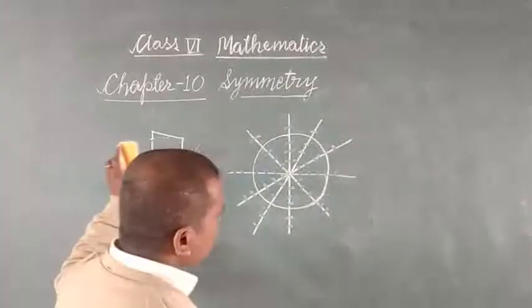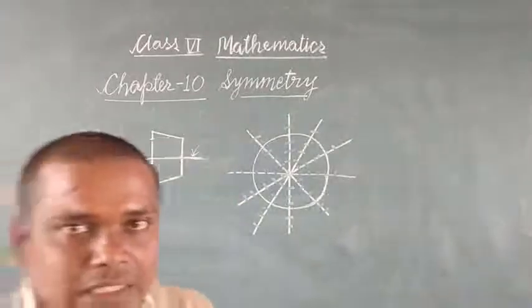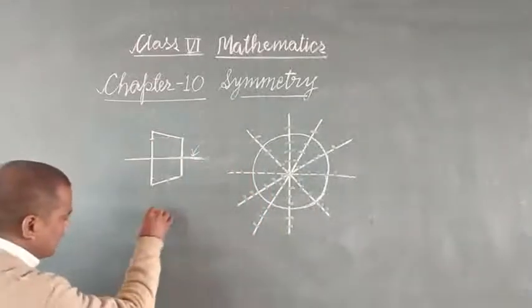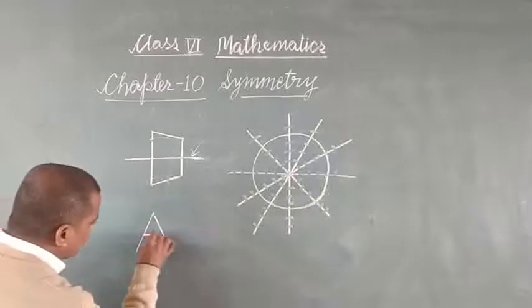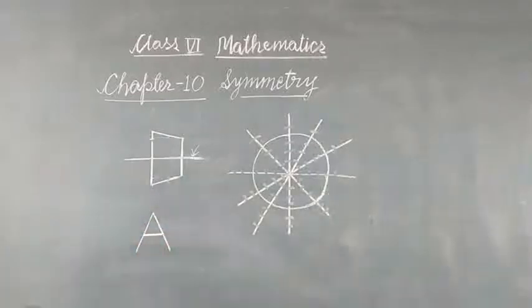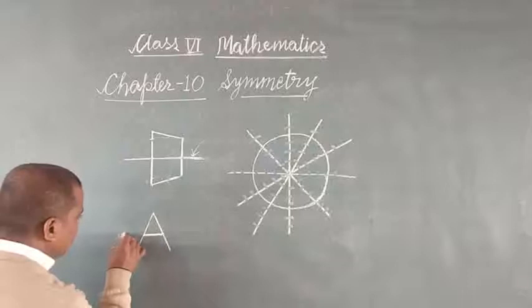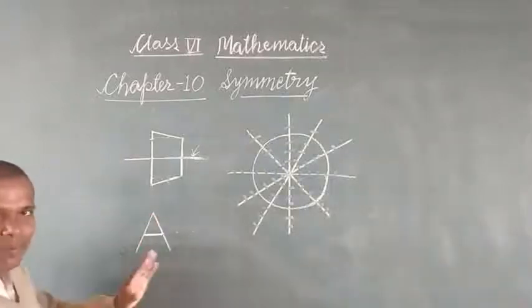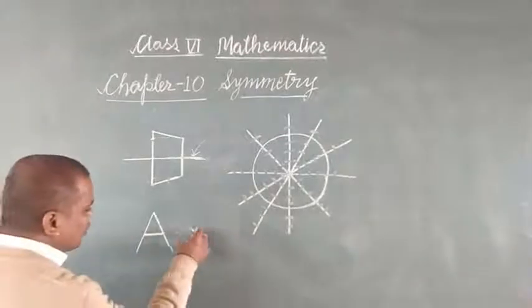Now I am coming to alphabets. So A, how do we write it? We write A like this. Is there any line of symmetry? You see, if we draw it by this, this half and this half are different from each other, so there is no line of symmetry.